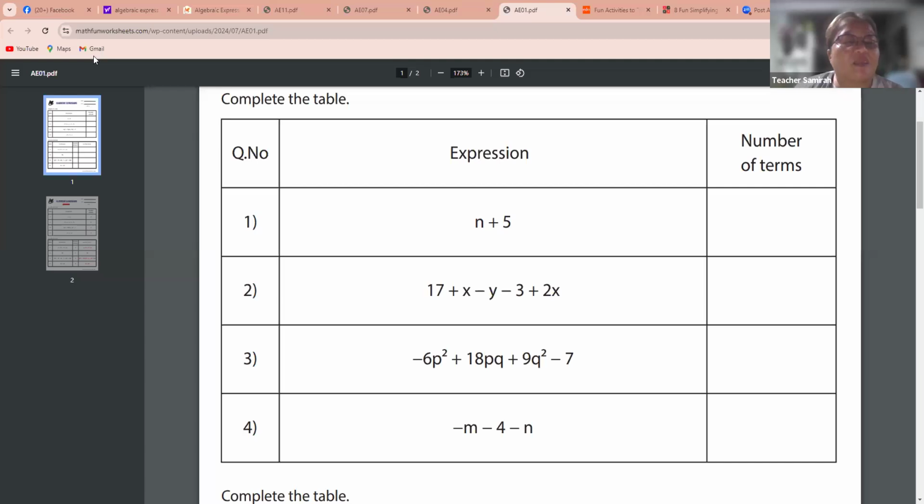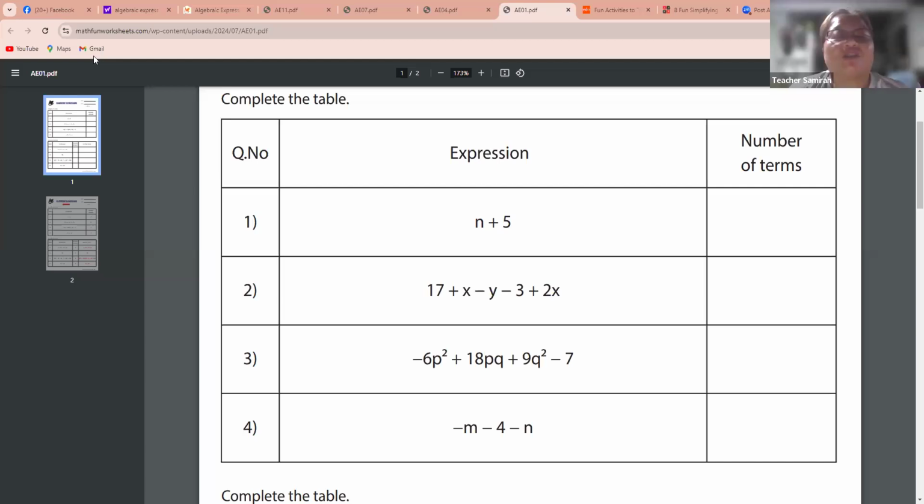Inda. 1, okay. Shitya, how many terms can you see? 1, okay. Tristan, 1 or 2? 2.